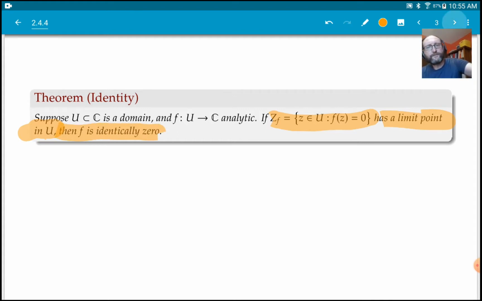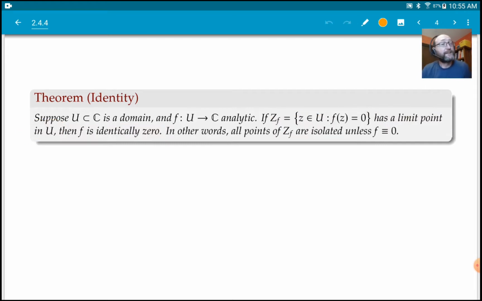All right. In other words, and this is still important, in other words, all points of this set are isolated. So all zeros of a holomorphic function are isolated unless the function is identically 0. That's if we're talking about a domain, connected, right?